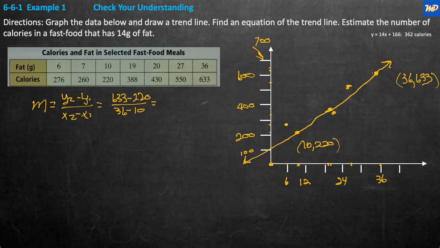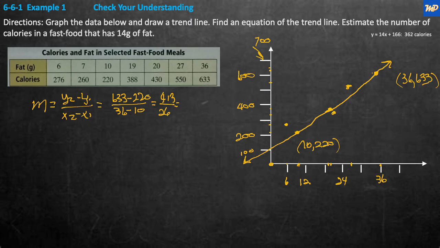So what do we have here? We have 633 minus 220, and that's 413. So that equals 413 over 26, right? And what is 413 divided by 26?